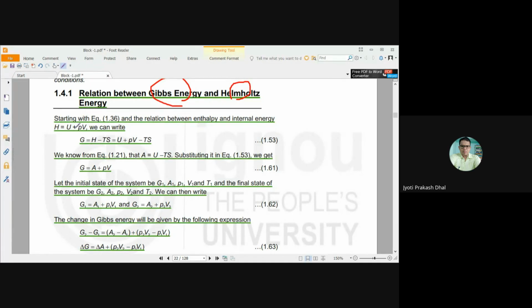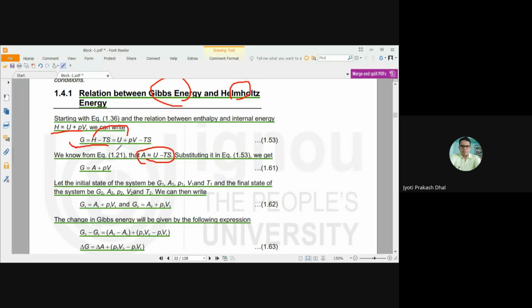starting from equation 36. We know that enthalpy H equals U plus PV and G equals H minus TS. So in place of H, we can write U plus PV minus TS. And again from equation 21, remember in the previous expression, A equals U minus TS.